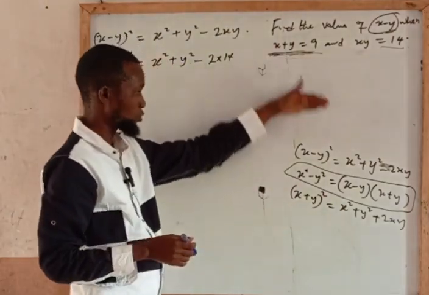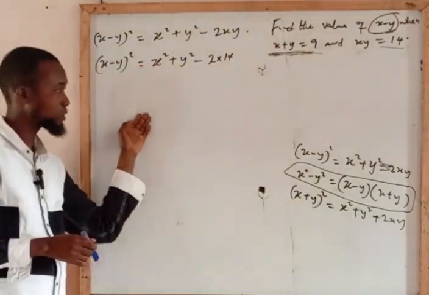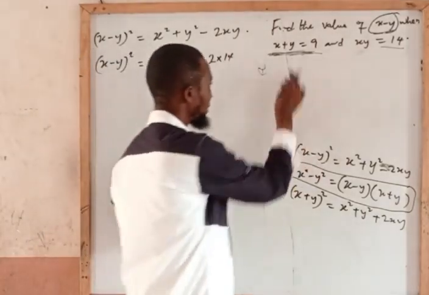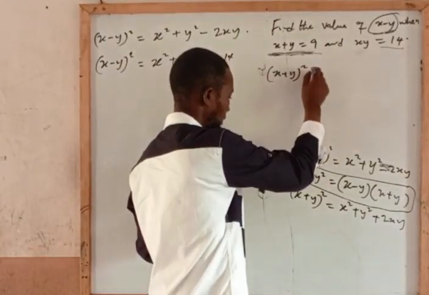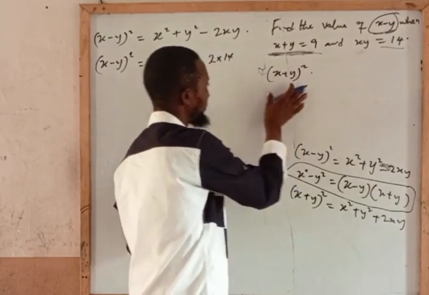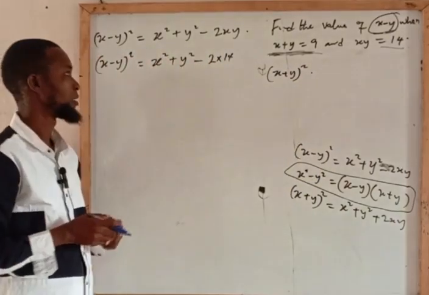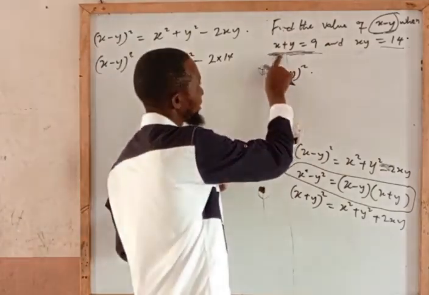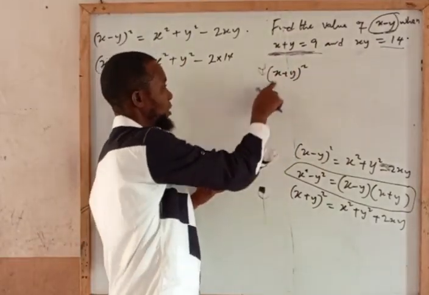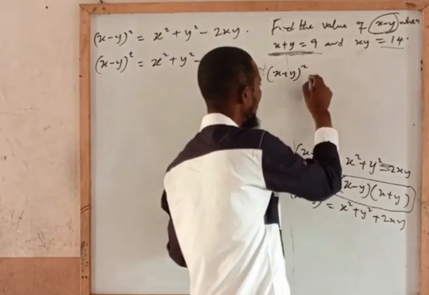So since we want to work the given in order to be able to complete this solution, I simply can do that by saying x plus y squared, right? Because I need this x plus y here. Now, what is the equivalence of x plus y squared? It is written here.